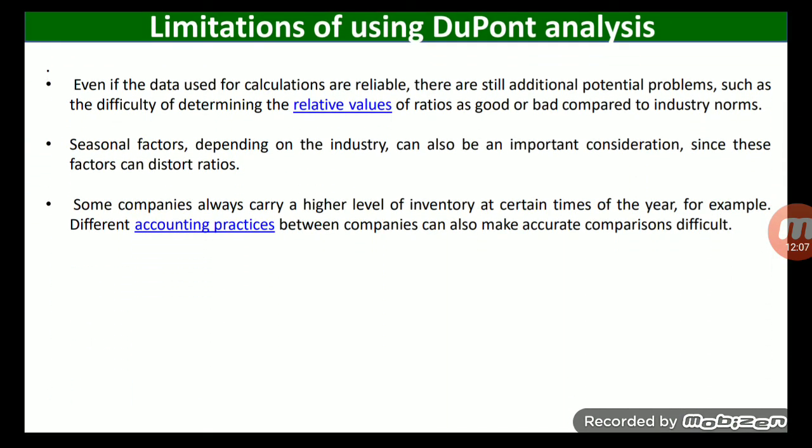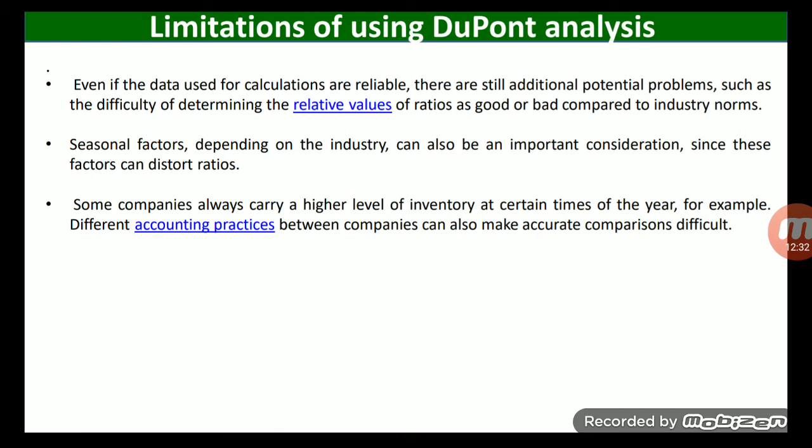Even if the data used for calculations are reliable, there are still additional potential problems, such as the difficulty of determining the relative values of ratios as good or bad compared to industry norms. Seasonal factors, depending on the industry, can also be an important consideration.